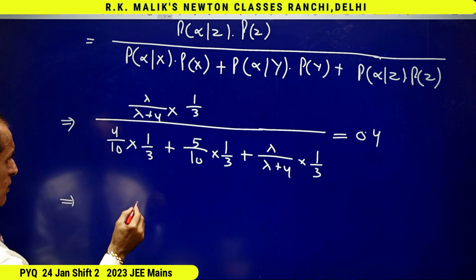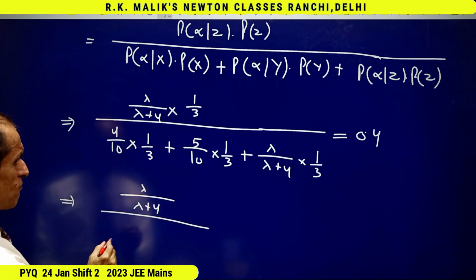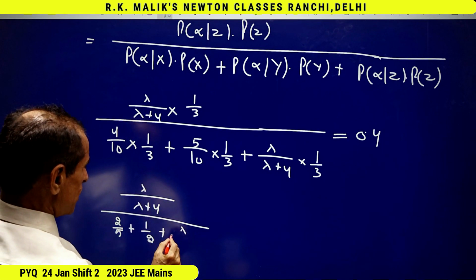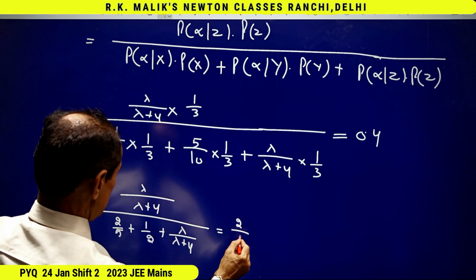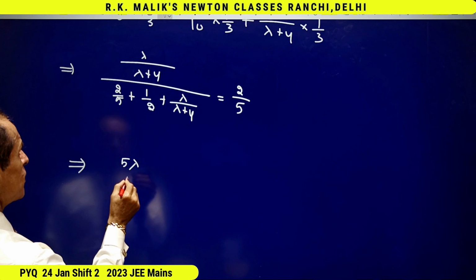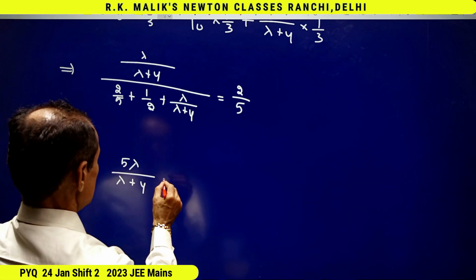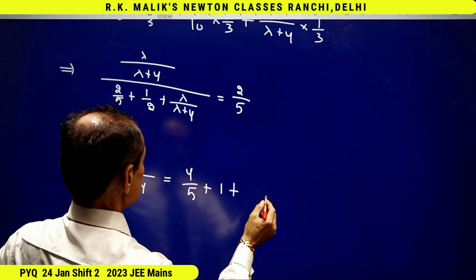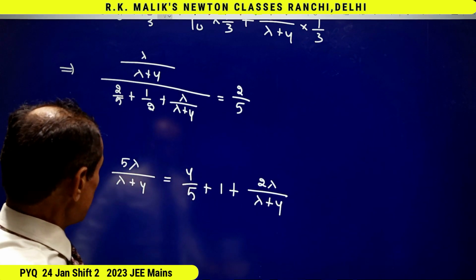This implies that lambda upon lambda plus 4, divided by 2 by 5 plus 1 by 2 plus lambda upon lambda plus 4, is equal to 2 by 5. This implies that 5 lambda upon lambda plus 4 is equal to 4 by 5 plus 1 plus 2 lambda upon lambda plus 4.